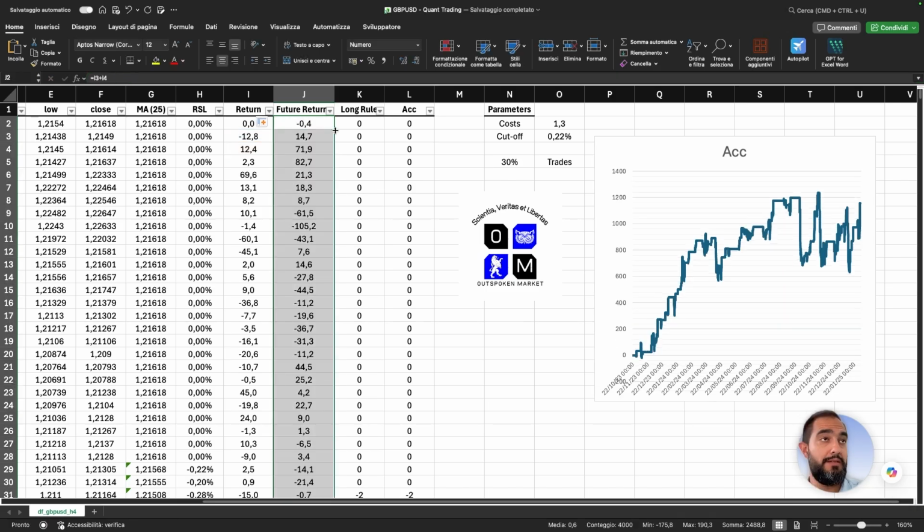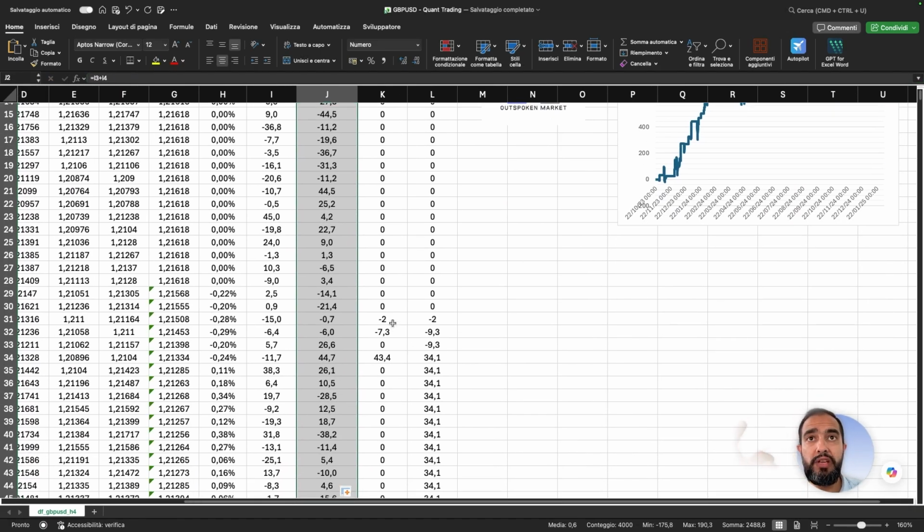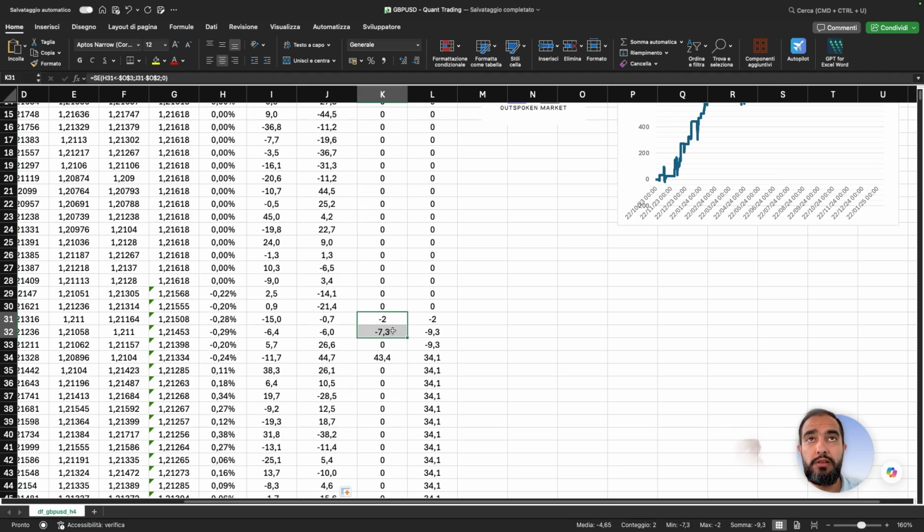You can do that. Oh, but Leandro, what happens if we have like 2 concurrent signals? So we have one signal in this candle, and I will be positioned therefore for the next 2. And then in the following one, I will have another long rule activated, so I need to enter again and be positioned for the next 2. Yes, yes.